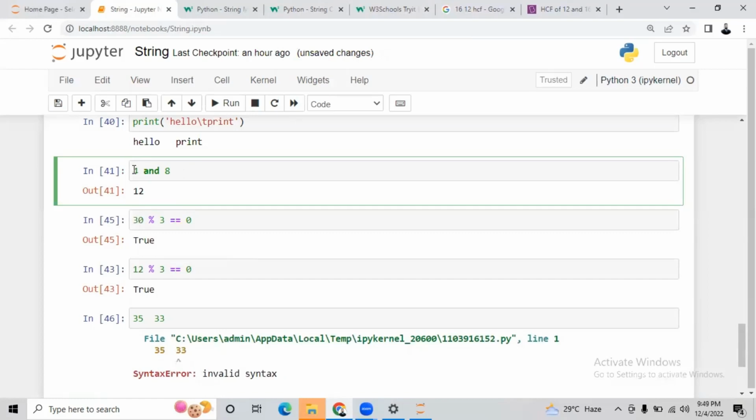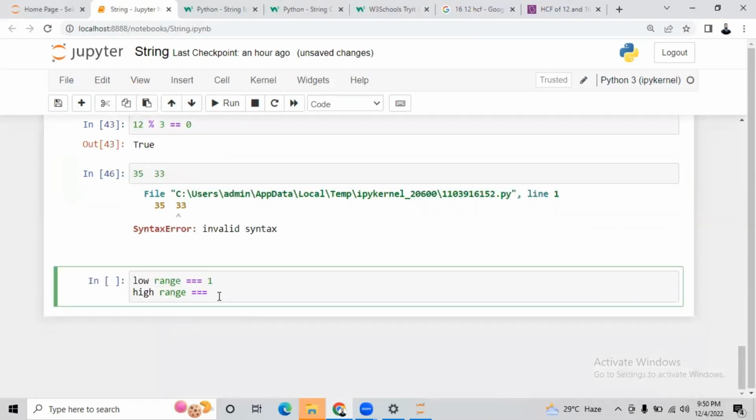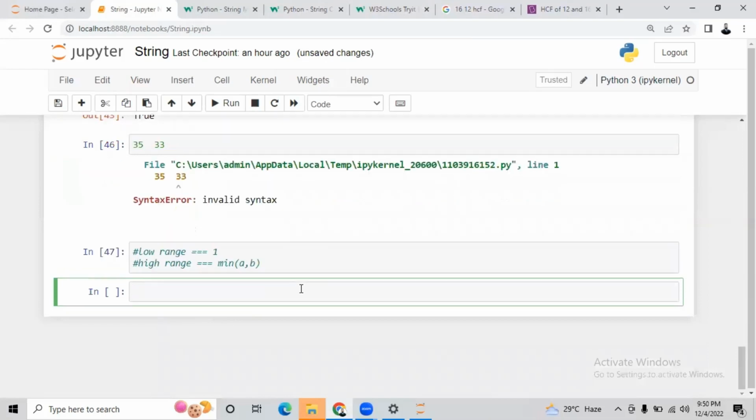Yeah, 4. 4 ones are 4 and 4 twos are 8. So the HCF can't be greater than the minimum of these two numbers, meaning the HCF can't be bigger than the smallest number. Got it? So the high range would be min of A, B. Low range will be 1 and high range will be min of A, B.